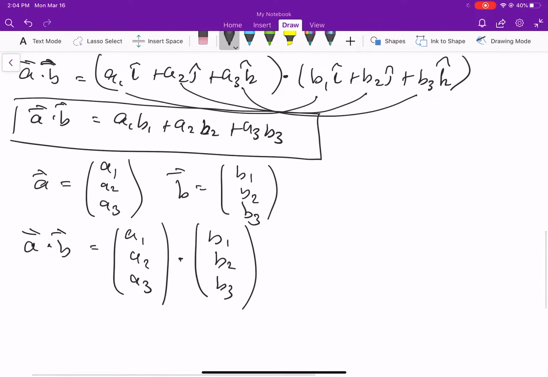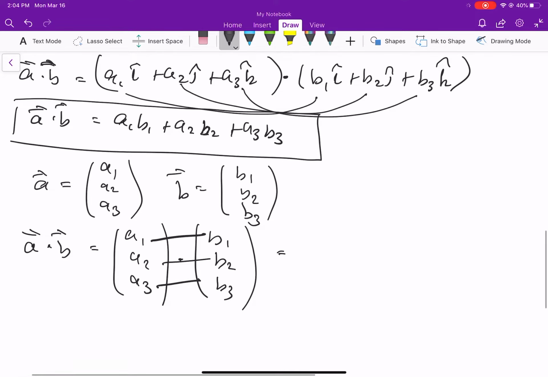All you did was multiply across these terms. So the result is the same, whether they're given in column or Cartesian form: A1B1 plus A2B2 plus A3B3.